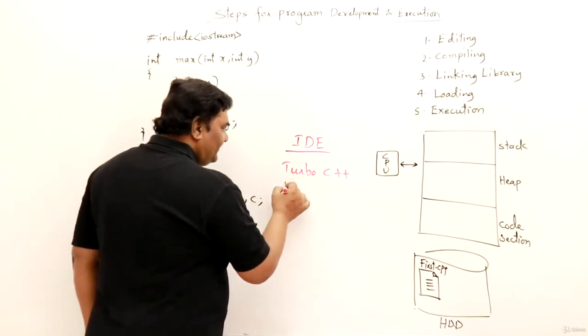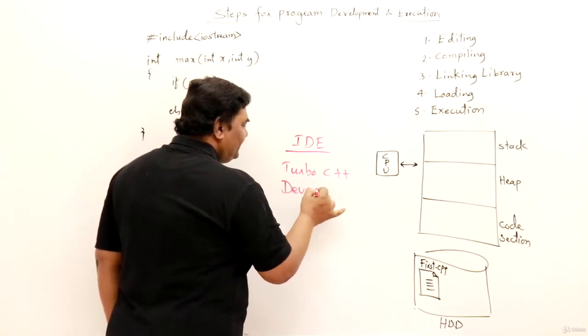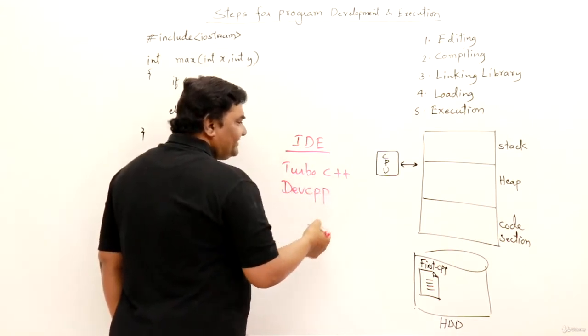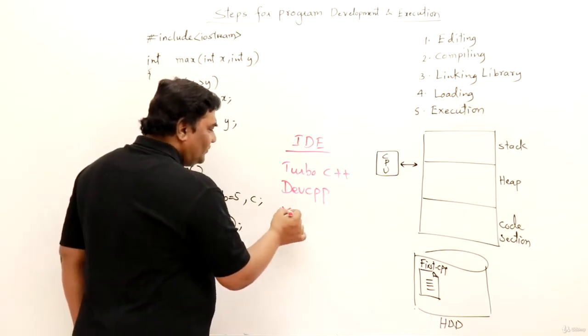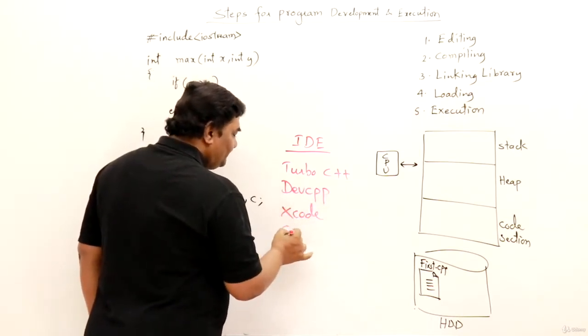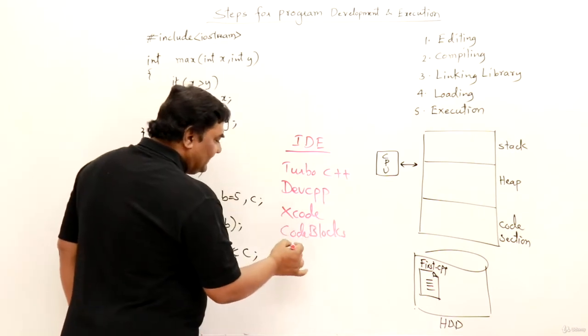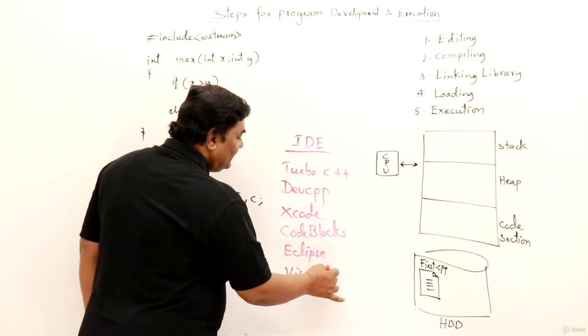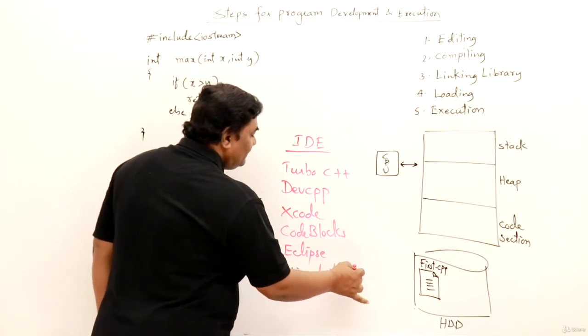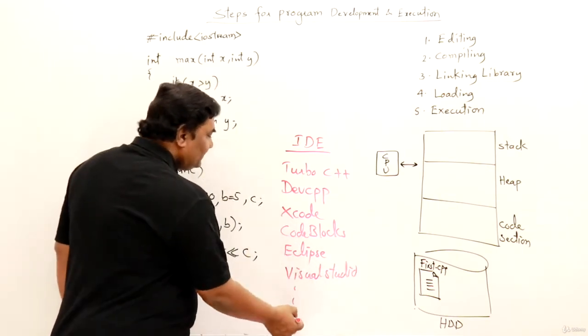Then we have Dev C++, Dev CPP. This is also for C++ as well as C language, both the languages it supports. And Xcode, Code Blocks, and Eclipse, Visual Studio. This is from Microsoft. And so on.